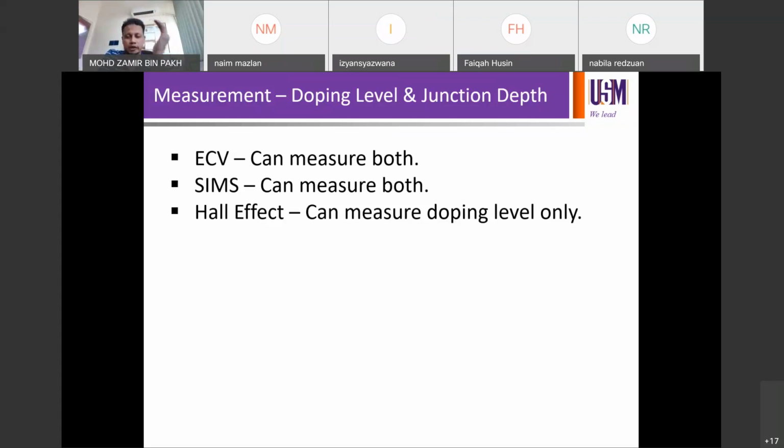It will remove the surface by an etching process. Then during the etching process, it will do the measurement to track the number of atoms per cm cubed of your phosphorus or your boron. Then it will plot the profile accordingly, right? If you talk about SIMS, it uses ions in order to etch the surface and then does the measurement as well, right?